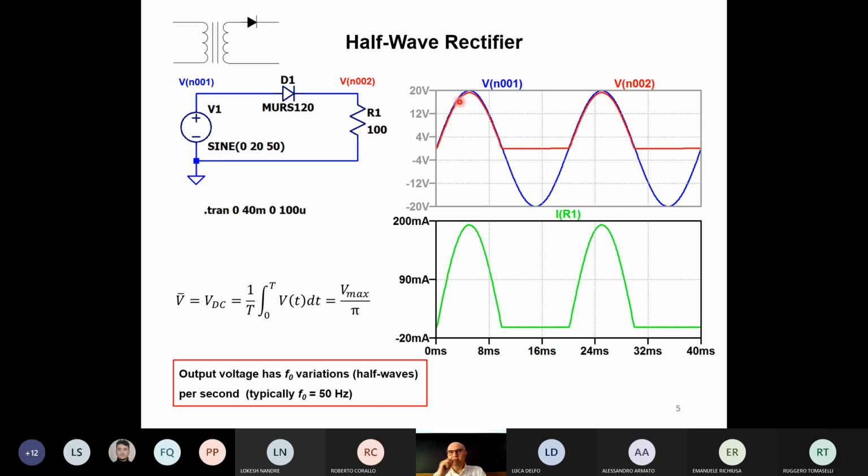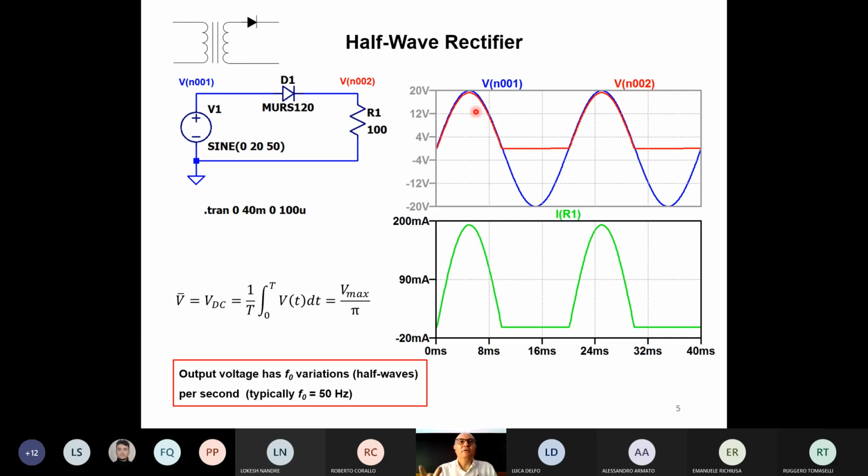Why will it be expanded? Basically, if you see here, in the red curve, we have 0.7 volts less than 20, so the peak voltage will be around 19.3. At this scale, you almost don't see the difference. But if you have an output voltage which is closer to 0.7 volts, for instance 3 volts, the 0.7 volts will be a large percentage of error, okay?